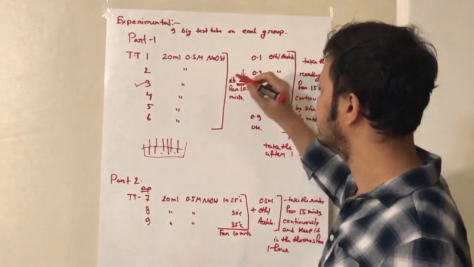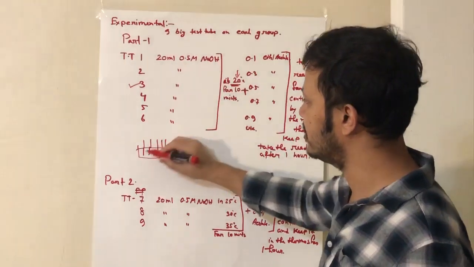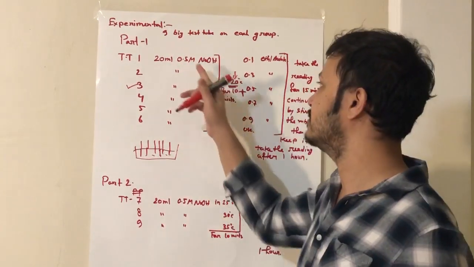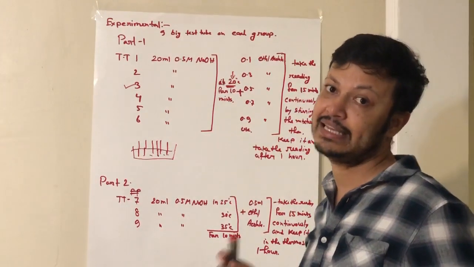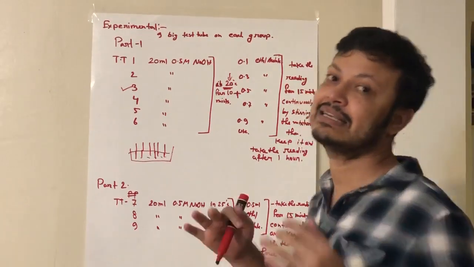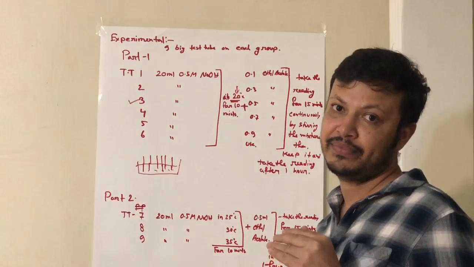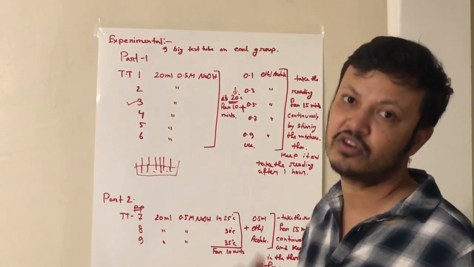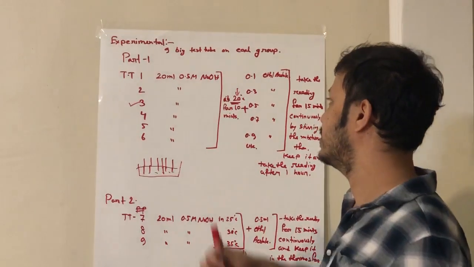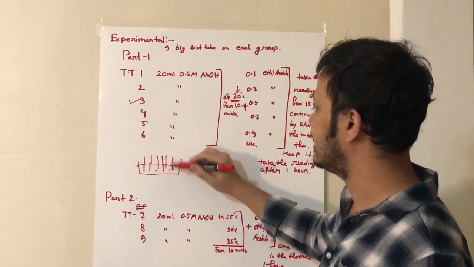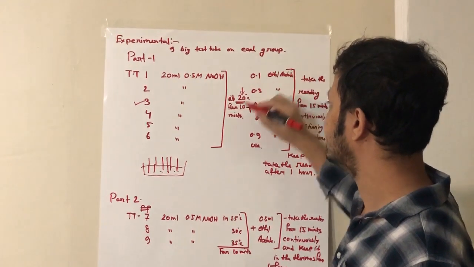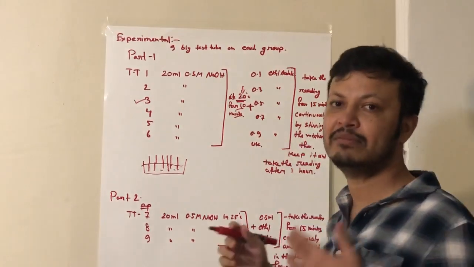On each of them you have 20 ml of 0.5 molar sodium hydroxide. As I said, we are going to add an excess amount of sodium hydroxide, so the reaction becomes a first order reaction. Then you have to wait at least 10 minutes. Why this 10 minute wait?